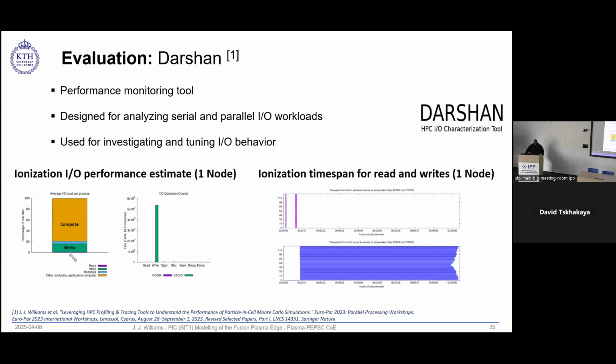This is a performance monitoring tool designed for analyzing serial and parallel I/O workloads, used for identifying and tuning I/O behavior. Below you see two little plots. It gives you an estimation of I/O performance, tells you the reads and writes, and gives a little tracing of what's going on with I/O.